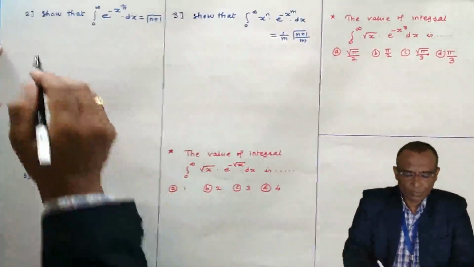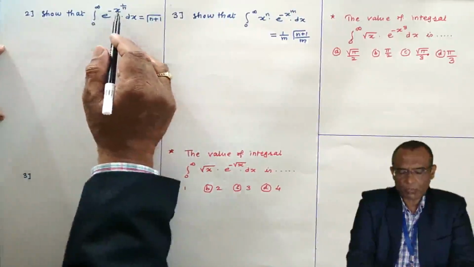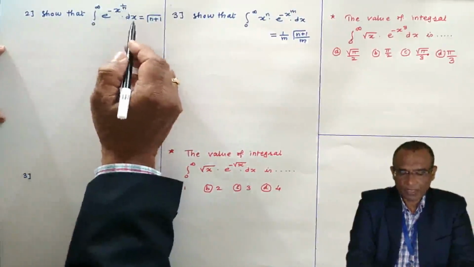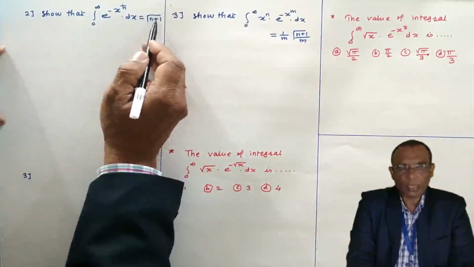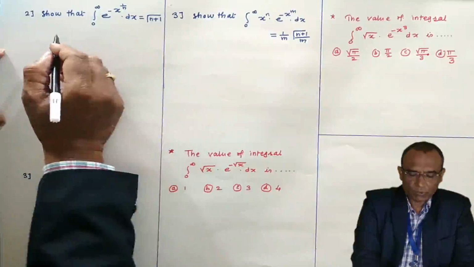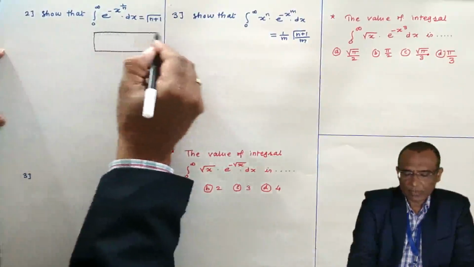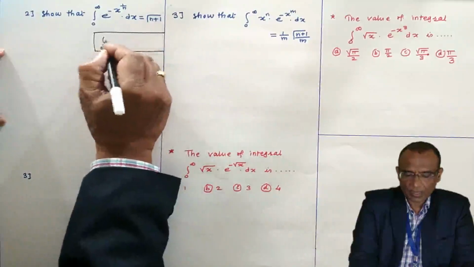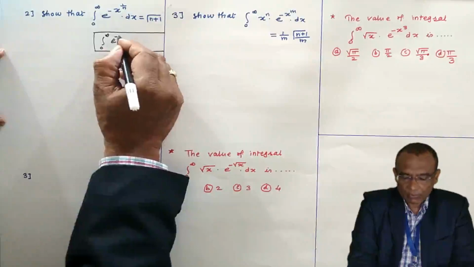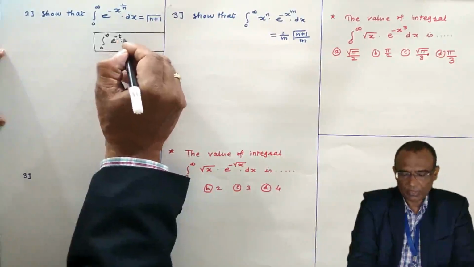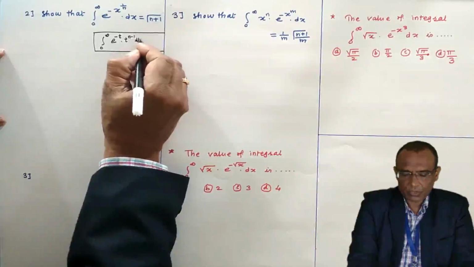Now, the next problem. Show that the integral from 0 to infinity of e power minus x power 1 by n, with respect to x, equals gamma n plus 1. Here, just keep in your mind that whenever 0 to infinity is there and an exponential function is there with a negative argument, then you can use the gamma function.